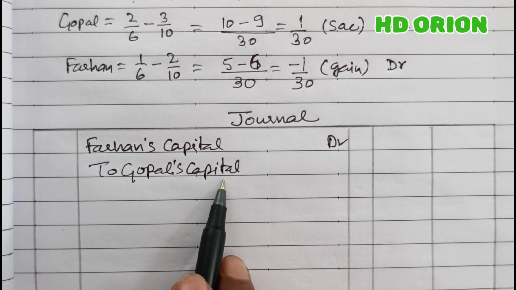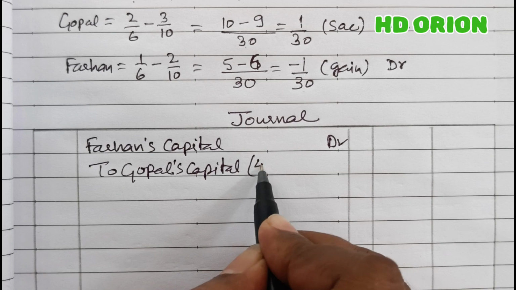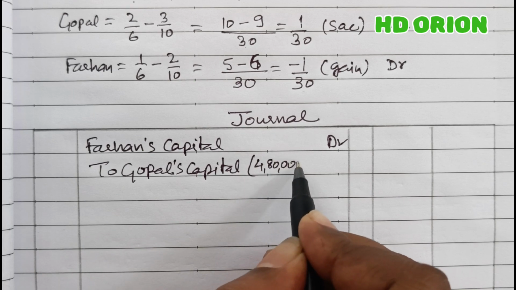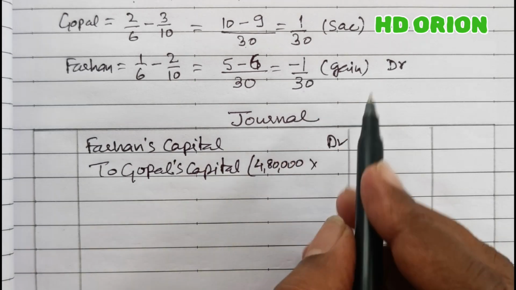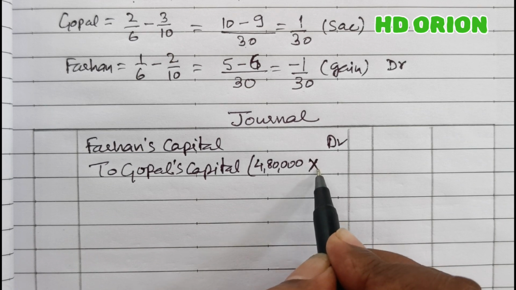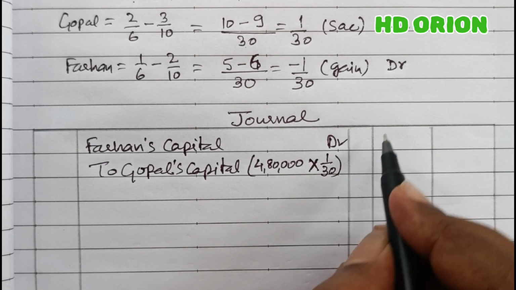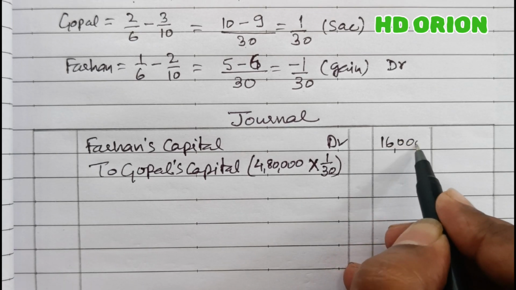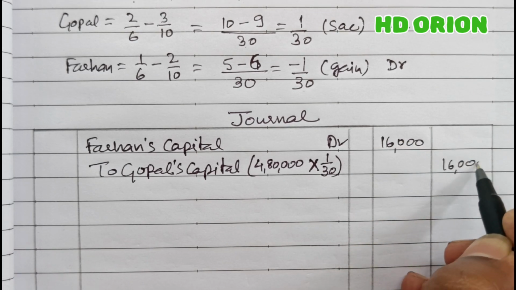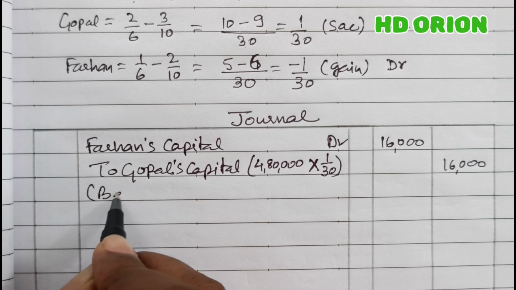Gopal is the sacrificer, and the total goodwill of the firm is rupees 4,80,000, and we have to multiply with this fraction, meaning how much portion in the total profit they have gained or sacrificed. So when you solve this, it is 16,000 rupees, being treatment of goodwill.